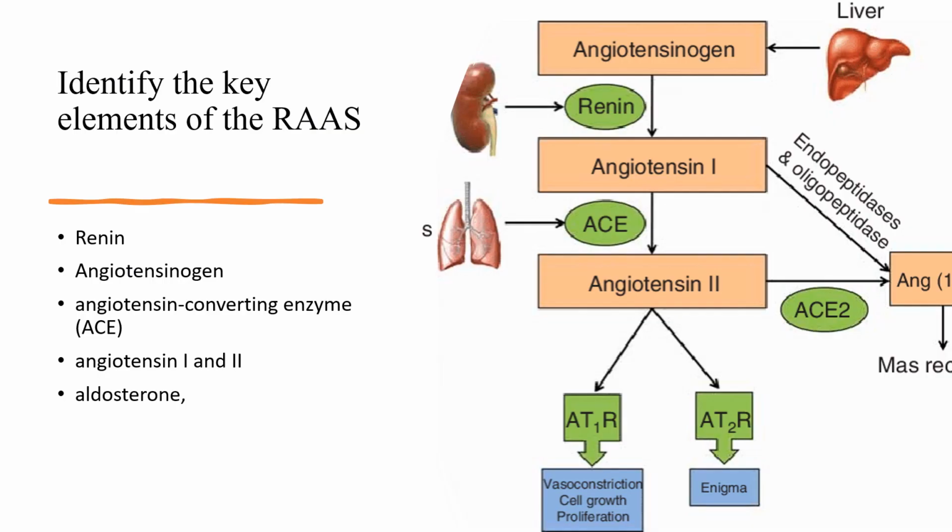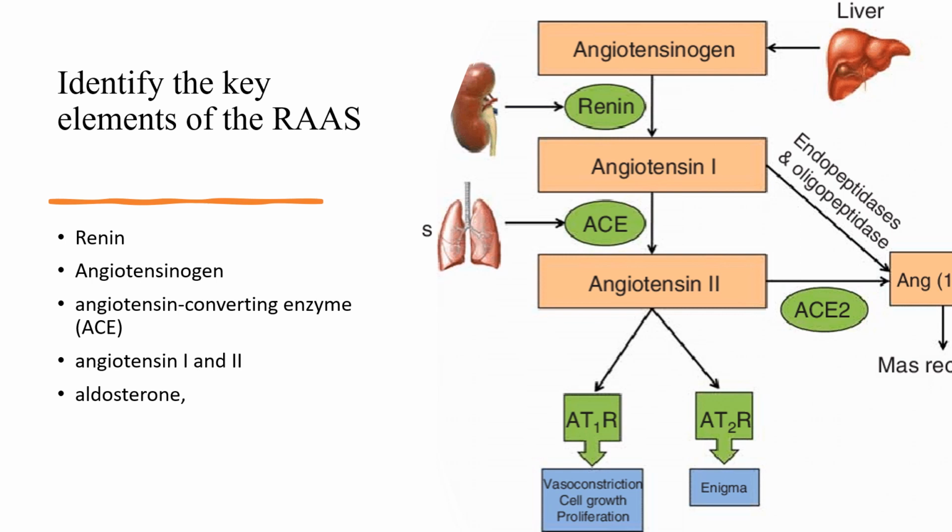Now we're going to identify the key elements of the RAAS: renin, angiotensinogen, angiotensin converting enzyme, or ACE, angiotensin 1 and 2, and aldosterone. Renin is an enzyme that is released by the kidneys when there is a decrease in blood volume or blood pressure.